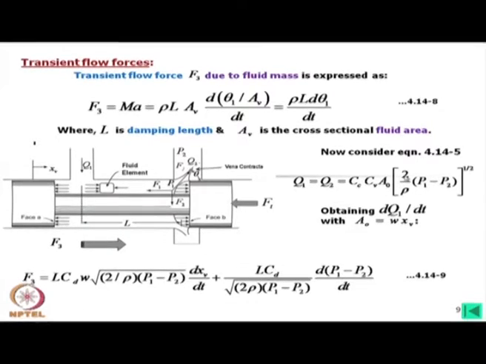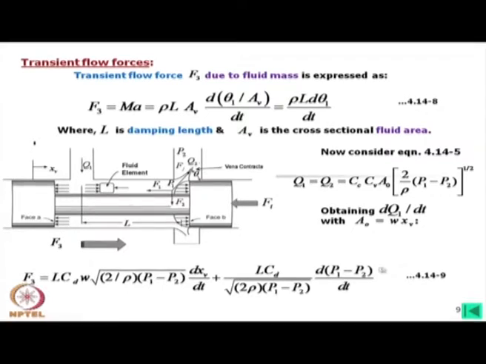Initially we can consider here 2 by rho P 1 minus P 2, but while differentiating this, 2 by rho is coming over here. So, that rho if you bring inside, it will become 2 rho. You can go through this exercise, and the 1 by 2 here and the half from differentiation are being cancelled.